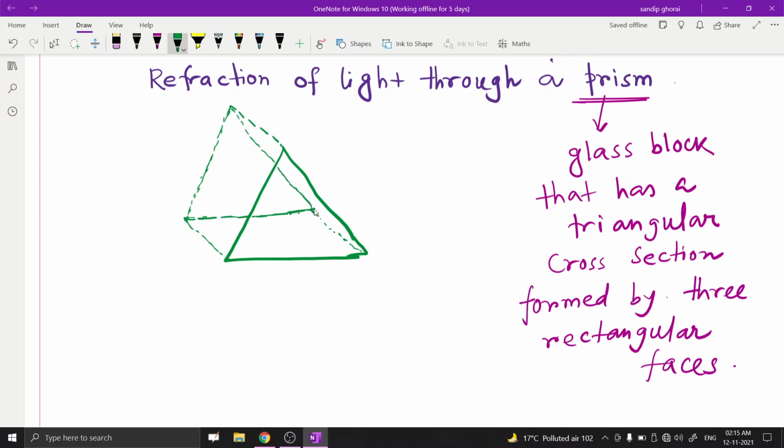Now we can see there are a total of 5 surfaces.